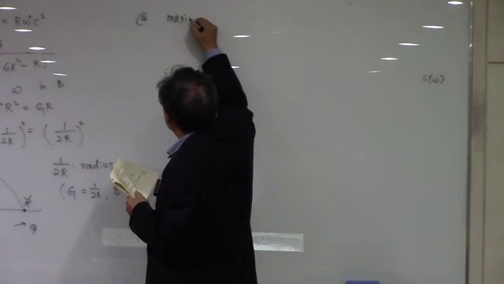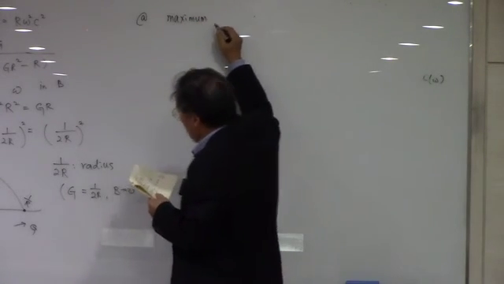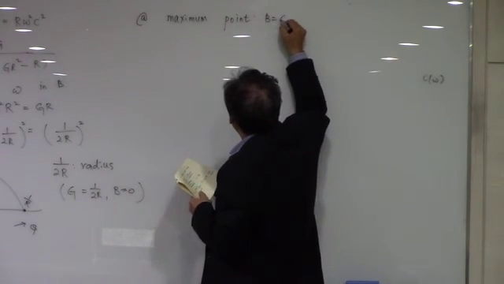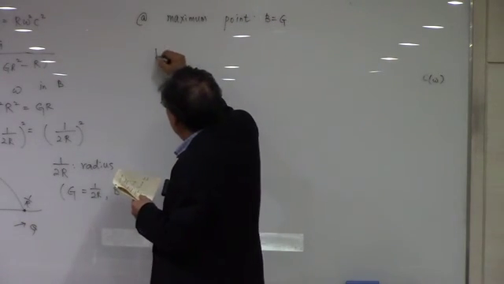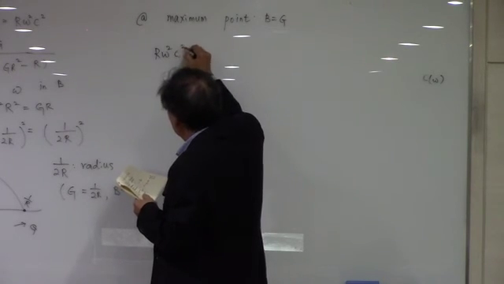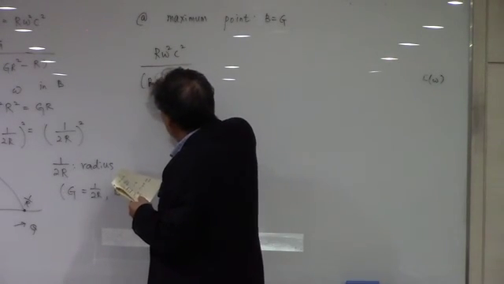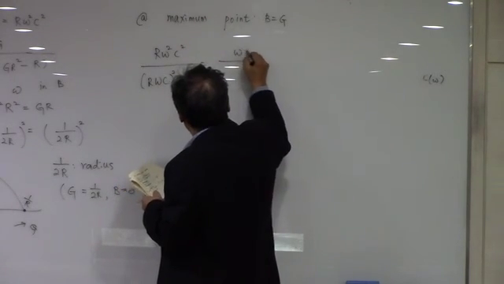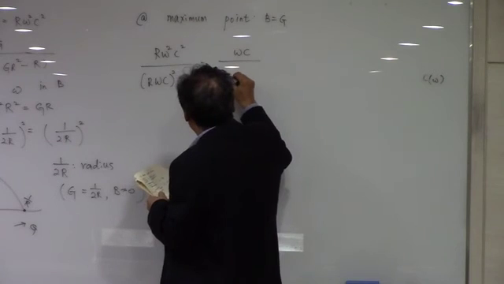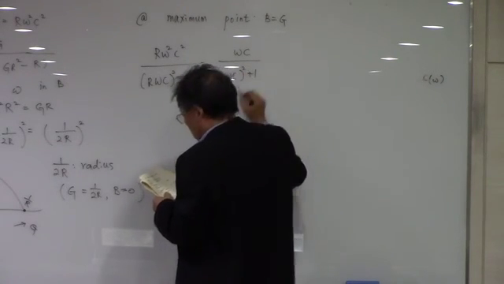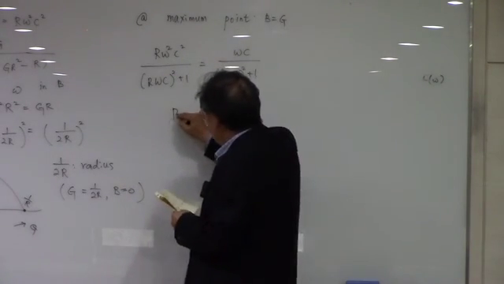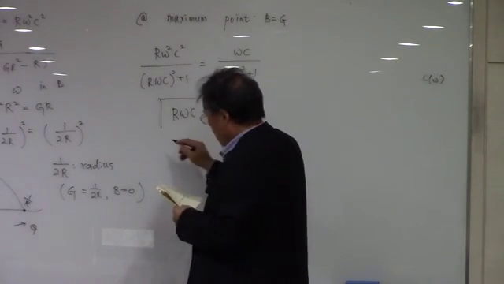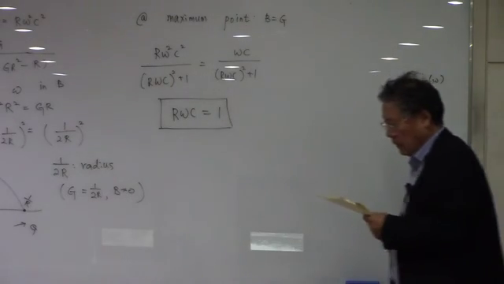So at the maximum point, B equal to G, okay, R omega C equals 1 at the maximum point, okay?